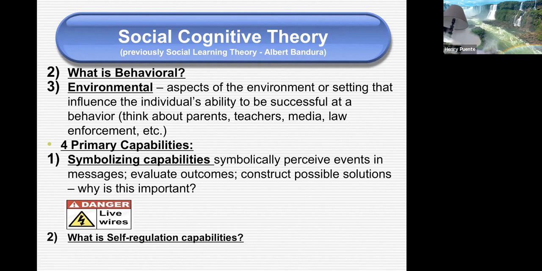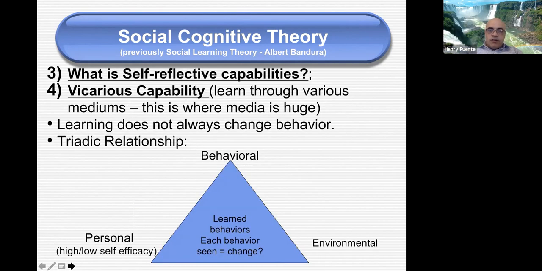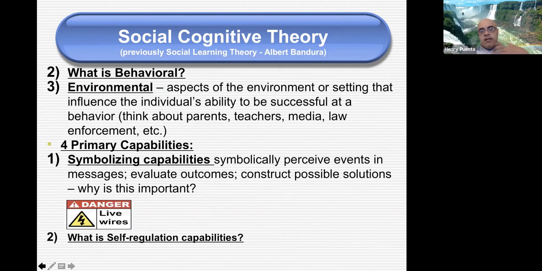Okay, so now we've talked about how Bandura talks about the big triangle, these big things: personal, behavioral, and then environmental. Now, for primary capabilities, think about us more as individuals, right?